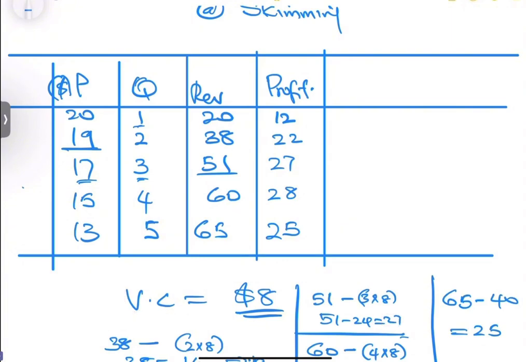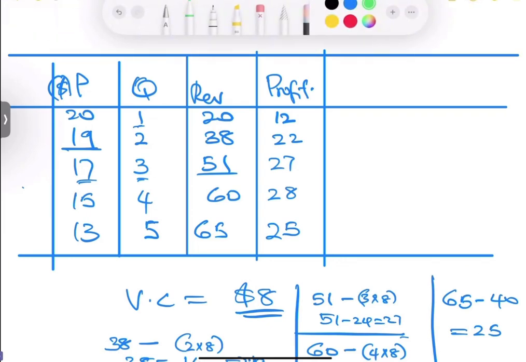So we can see that the highest profit is at the price of 15. And that is the only place we're able to make $28 profit. So if we charge a price of 15, we will sell 4 units, and that will maximize our profit for us.